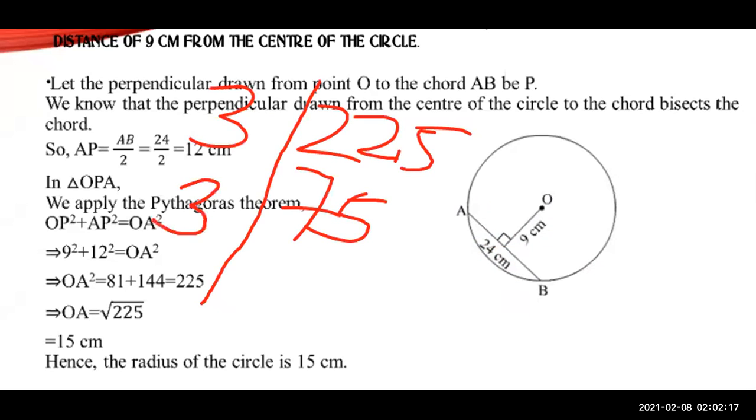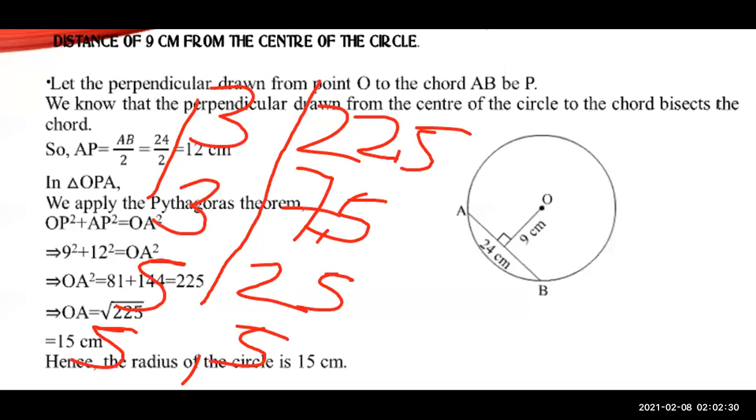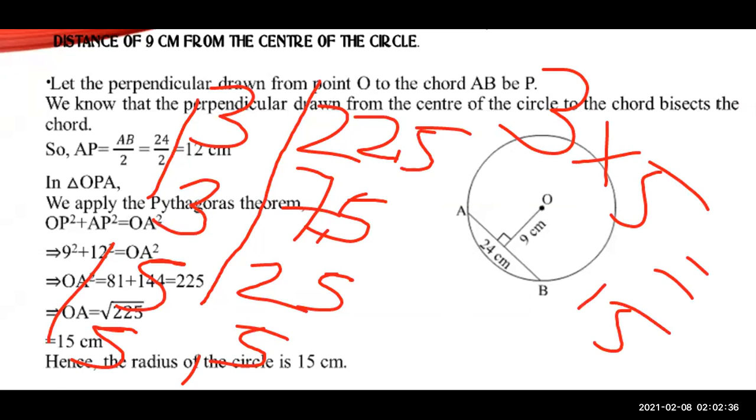Once again 3 twos are 6, 1 carry. 3 fives are 15. Then 5 fives are 25. 5 ones are 5. We take 3 common twice, and this 5 we take common once. So 3 fives is how much? 15. Like this you can also find the square root of that number.